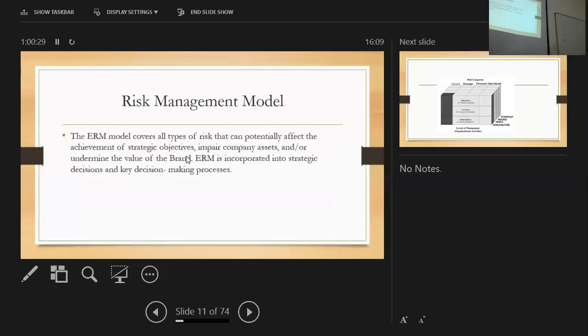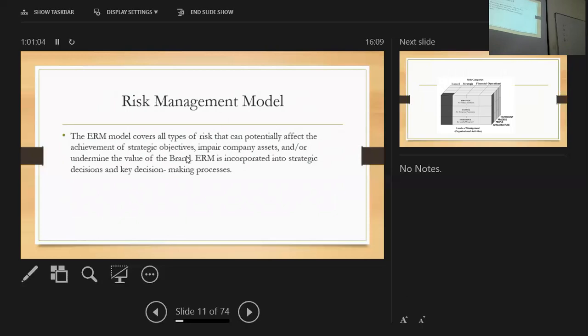Risk management model. So now, since we are talking of all these risks and risk management, there's normally a model that covers all types of risk that we can use to manage these risks, right? The enterprise risk management model. ERM means enterprise risk management.